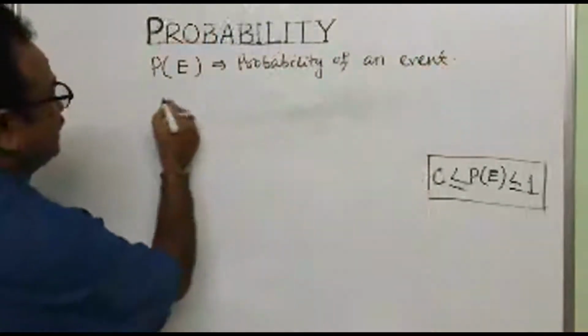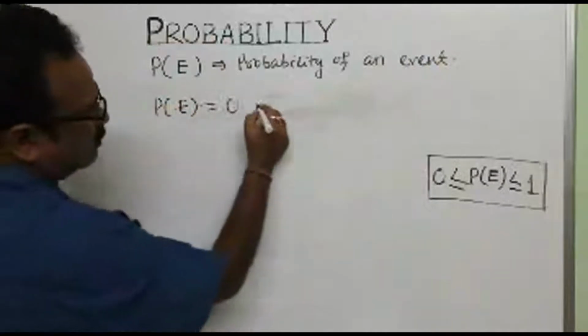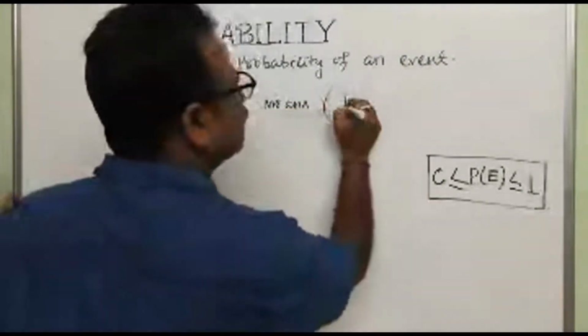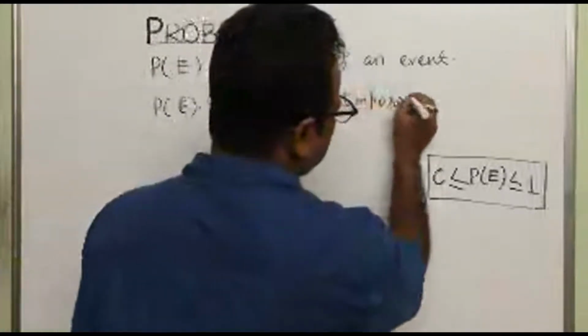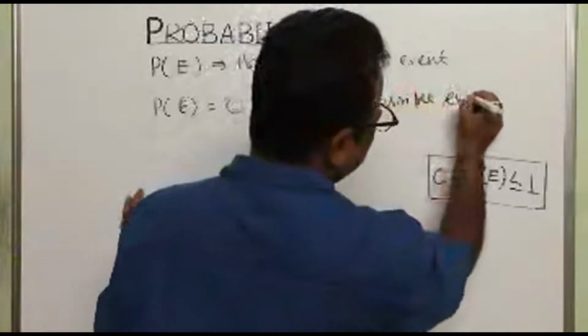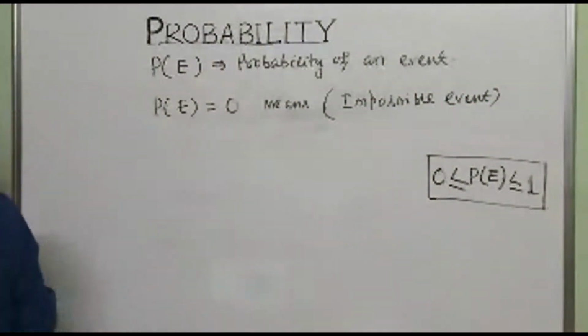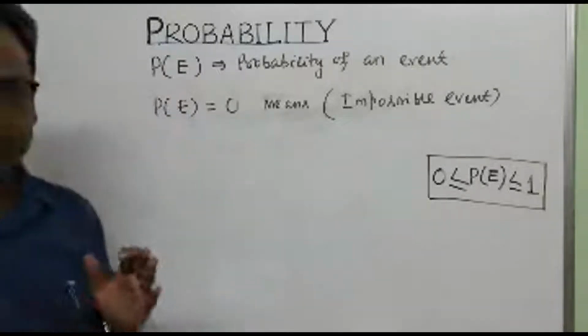So P(E) equal to 0 means an impossible event, not possible.